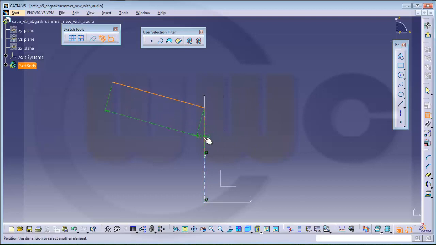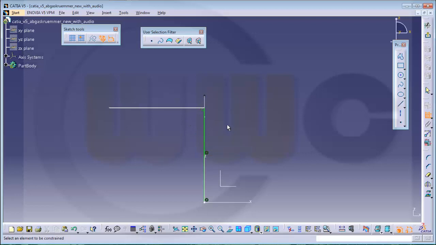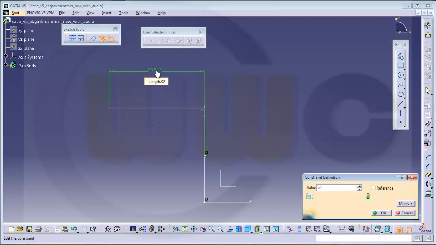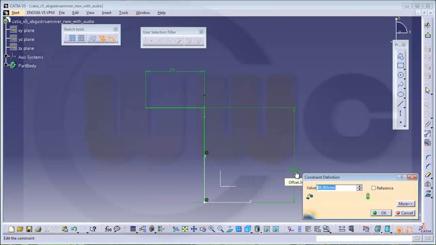There should be a 90-degree angle, and the length of this one should be 55, and this should be 100.